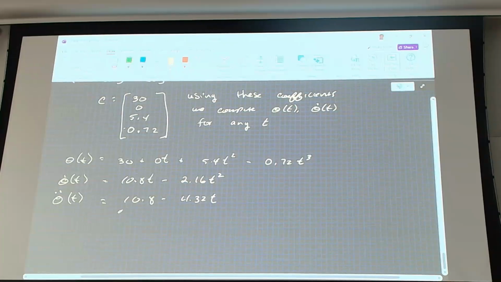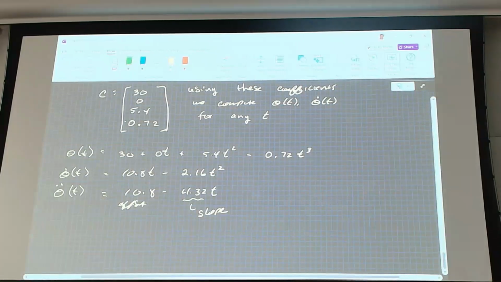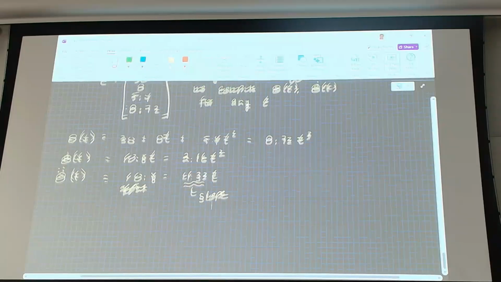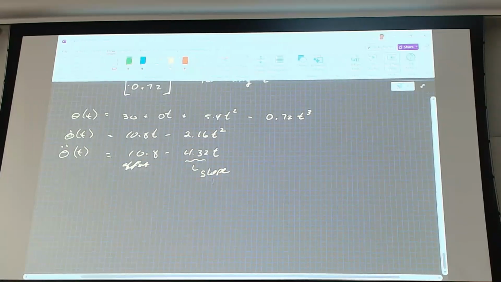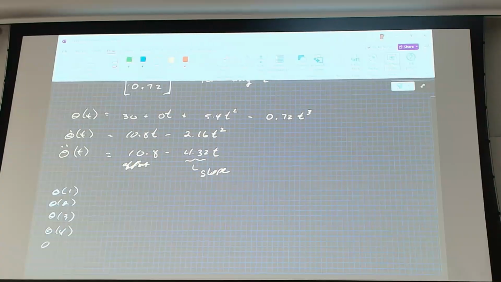So here's my offset acceleration. That's the acceleration that I'm starting at. And this part right here is nothing more than my slope. What we can do is compute theta at 1 second, 2 seconds, 3 seconds, and 4 seconds.